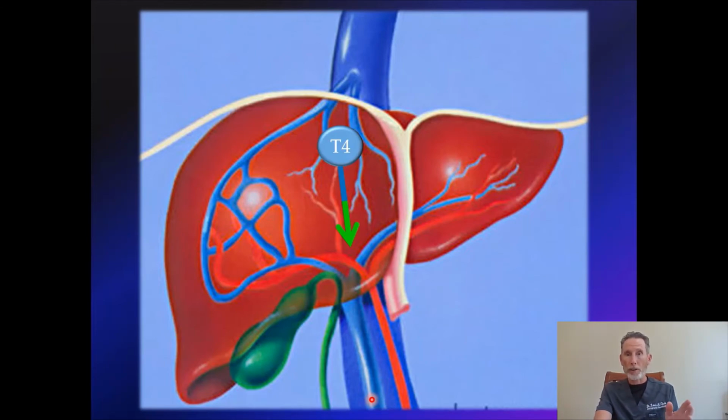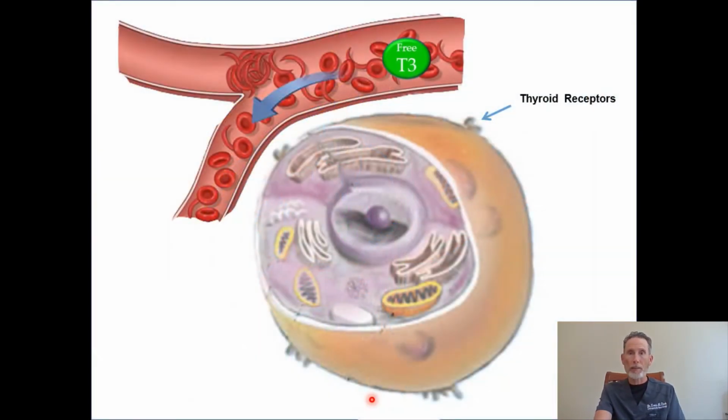So now your T3 is into the bloodstream and it's going to tissues. At some point, it's going to become free. T3 free means that the hormone is now not bound anymore to the thyroid binding globulin. It's gotten off of the boat, it's off the transport, and now it's ready to go into the cell.